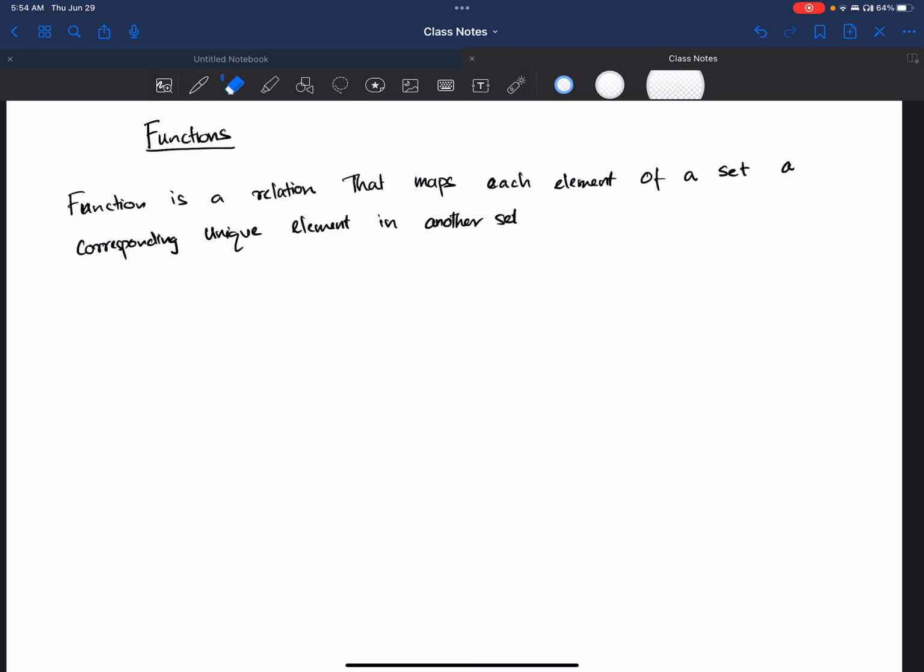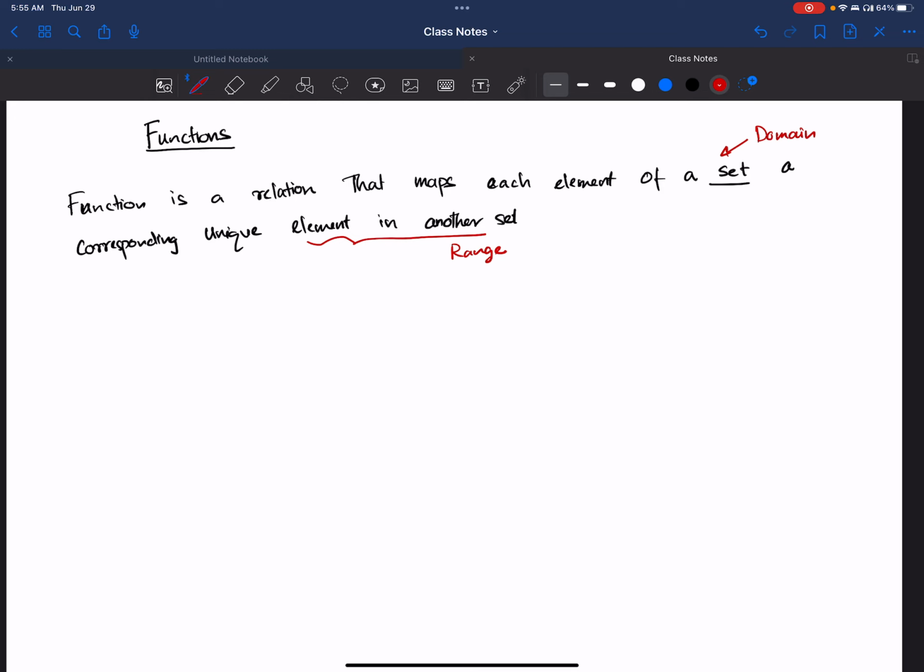The first set is called the domain. And the elements in the second set are called the range.